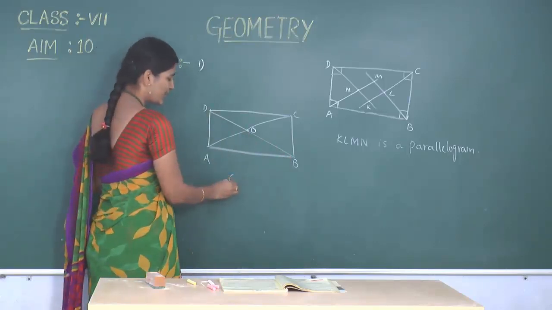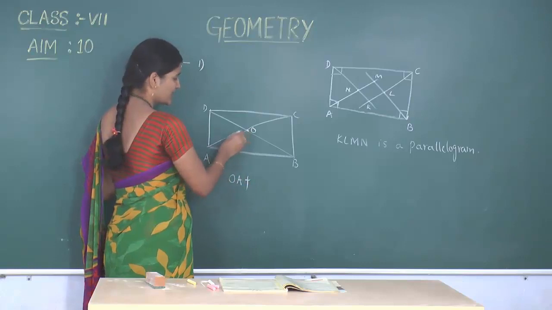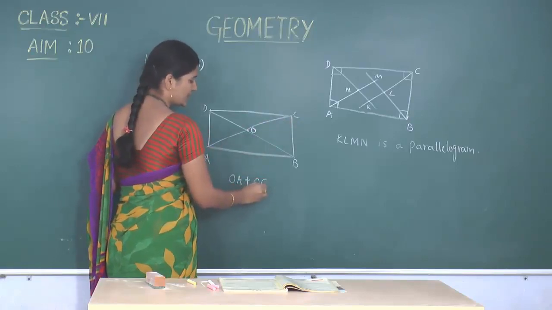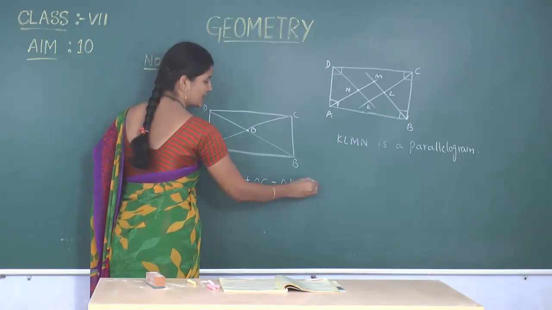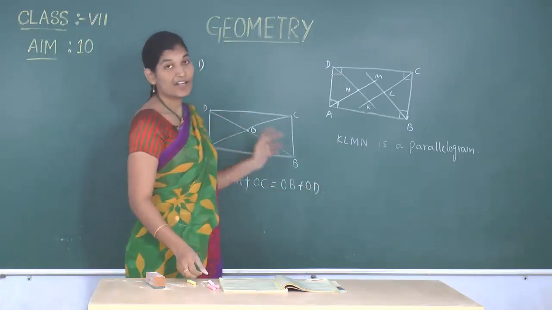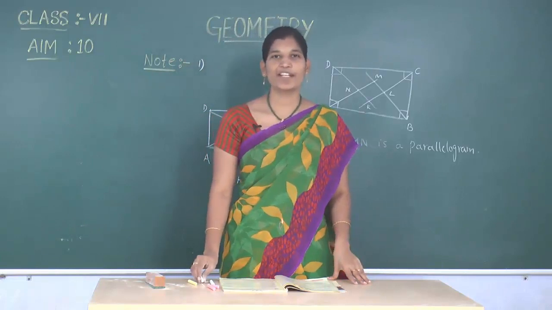Here I can write the property OA plus OC is equal to OB plus OD. These are also very important properties.